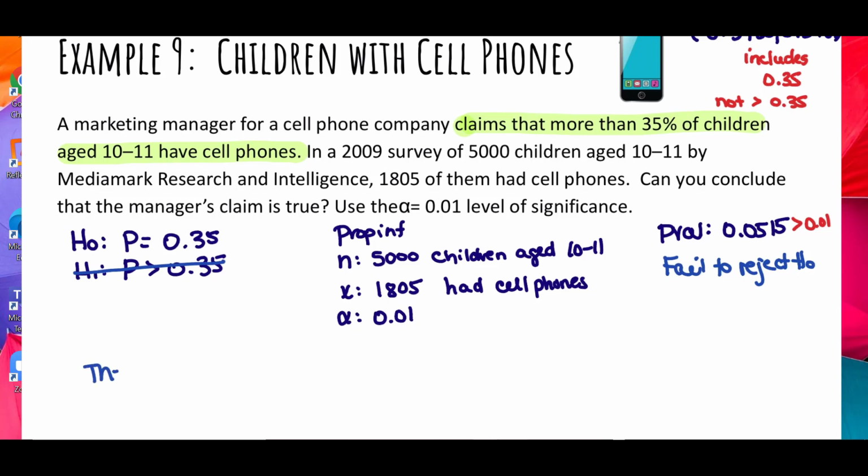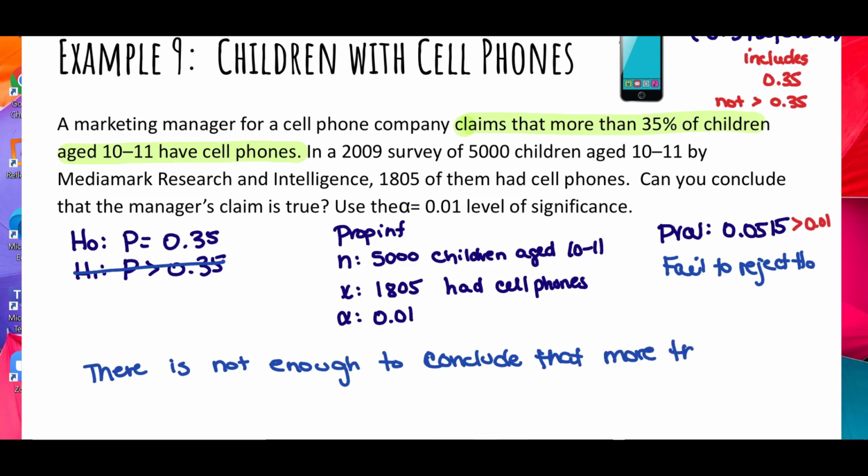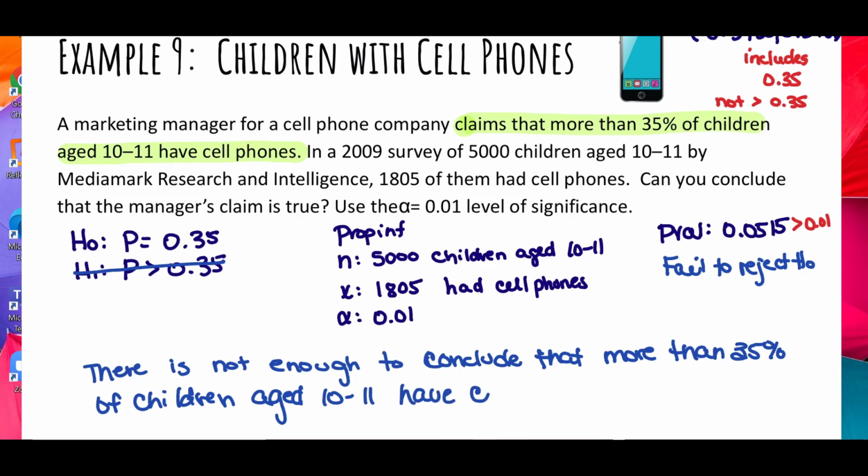So we would say there is not enough evidence to conclude that more than, and we always have to do this in context, right? More of H1, more than 35% of children aged 10 to 11 have cell phones.